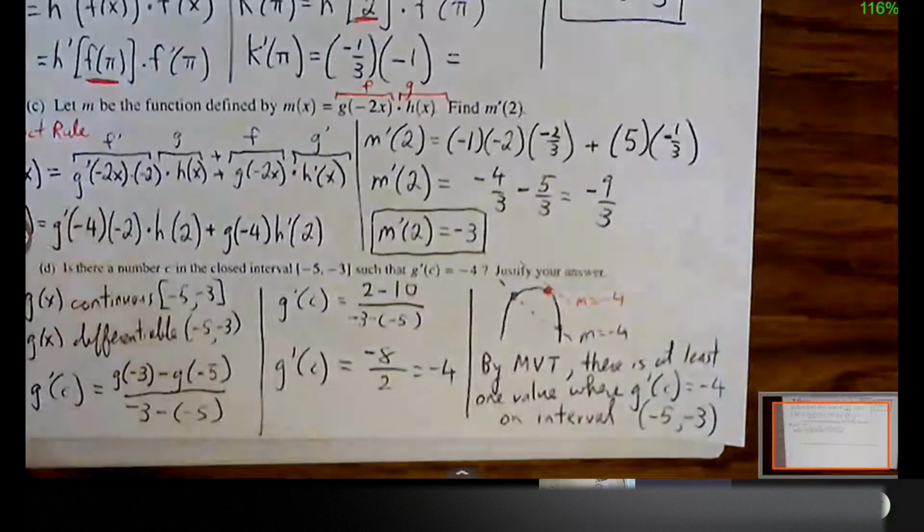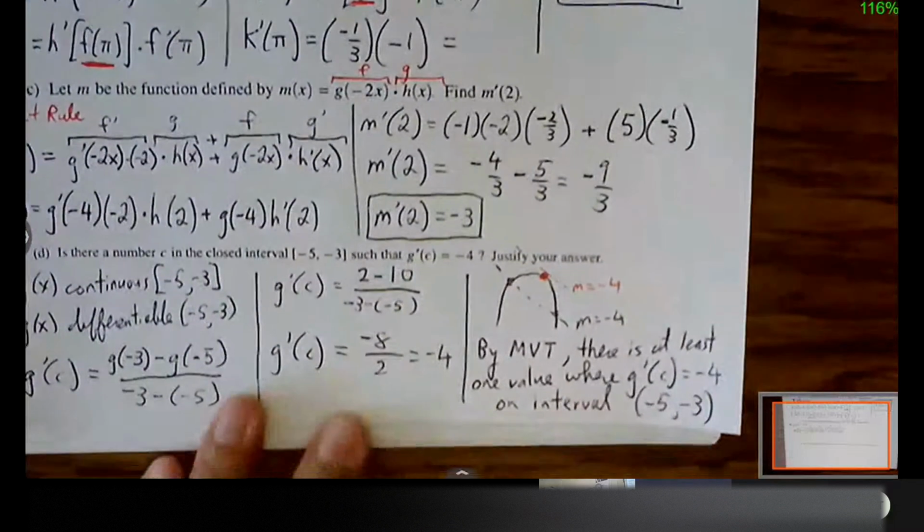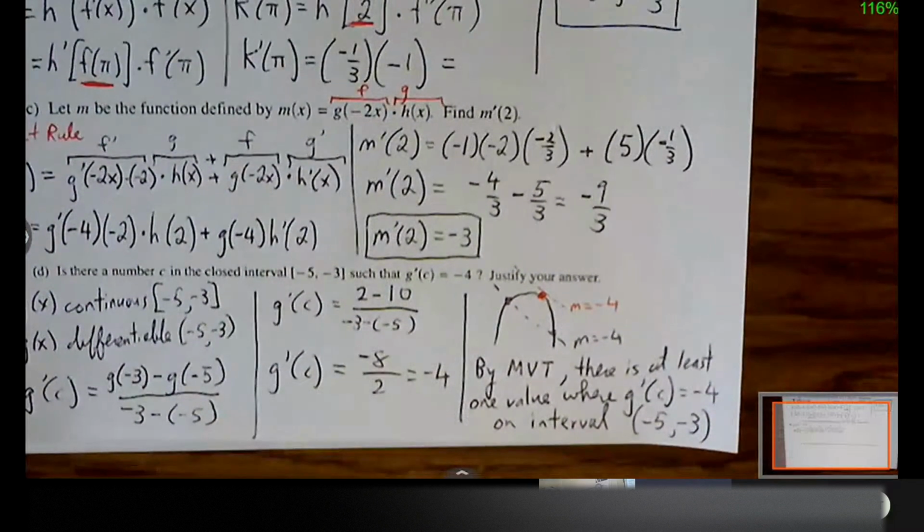By mean value theorem, there must be at least one C value where G prime of C is equal to -4 on the interval from -5 to -3.